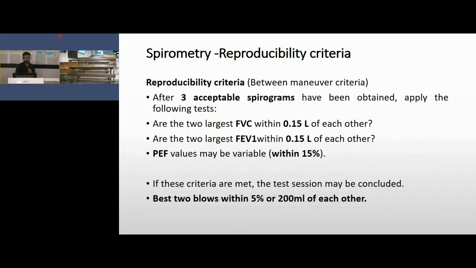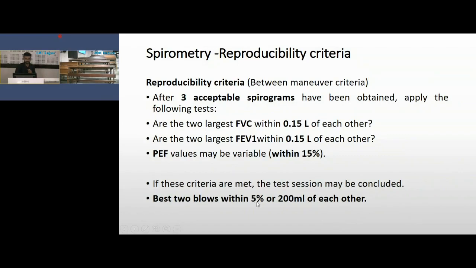Now let us discuss the reproducibility criteria, which include that 3 acceptable spirograms have been obtained. Apply the following test: the 2 largest FVC values are within 150 ml of each other, the 2 largest FEV1 values are within 150 ml of each other, and PEF values may be variable but should be within 15%. If these criteria are met, the test session may be concluded.